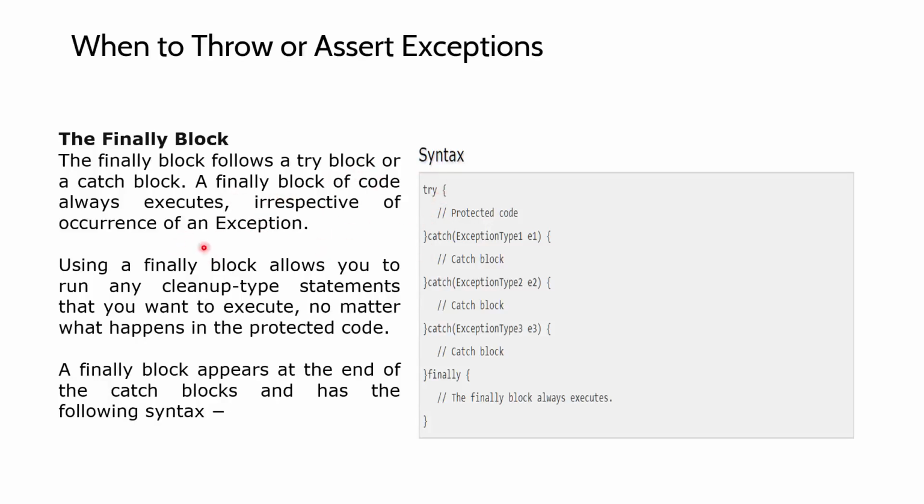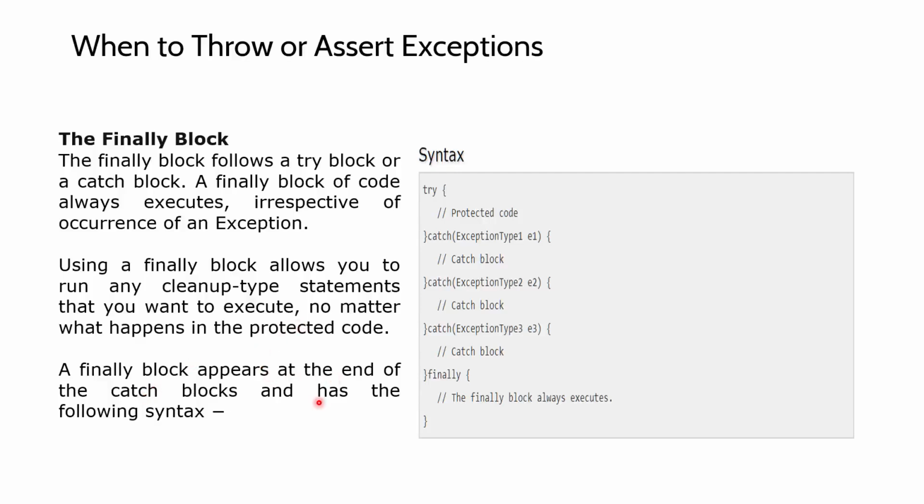A finally block follows a try block. It follows a catch block. The finally block is a block that always executes. It does not matter what the occurrence of the exception is. The finally block allows you to run any kind of cleanup statements that you want to execute, no matter what happens in the execution of the application or what happens with respect to the error.